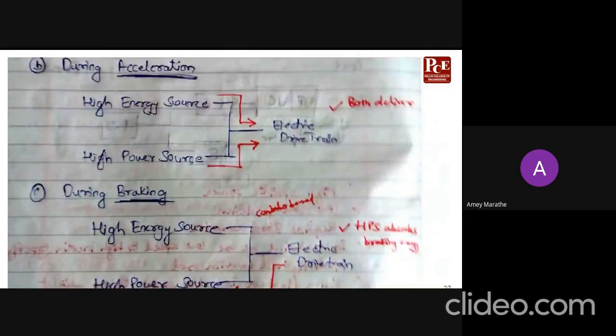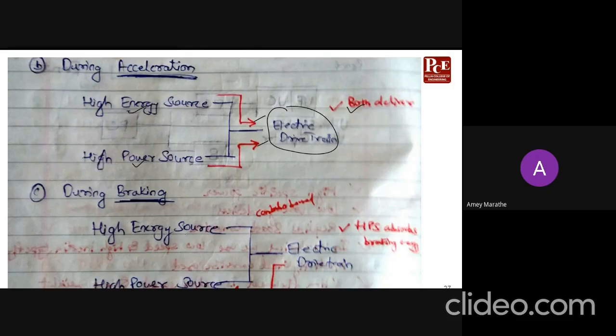What happens during acceleration? Just see. During acceleration, both your source with high energy and high power will supply energy. This red line means they are supplying energy to the drivetrain. So I can say simply that both deliver. Now, what happens during braking?